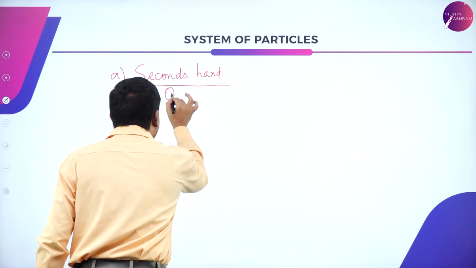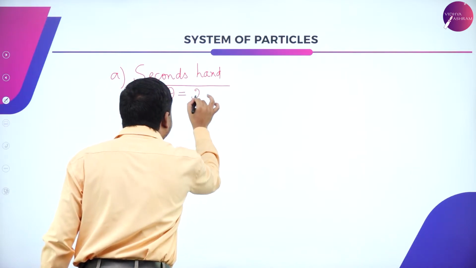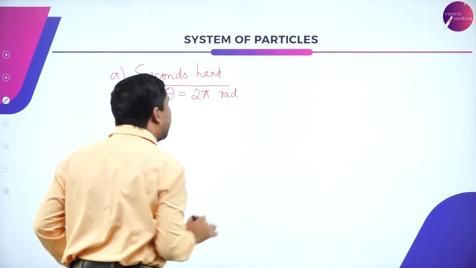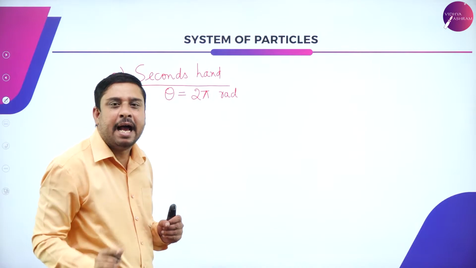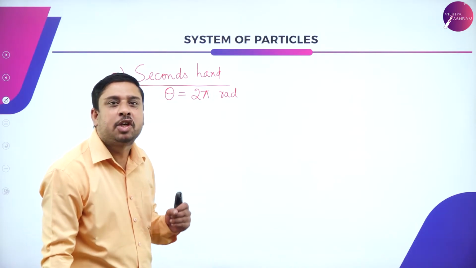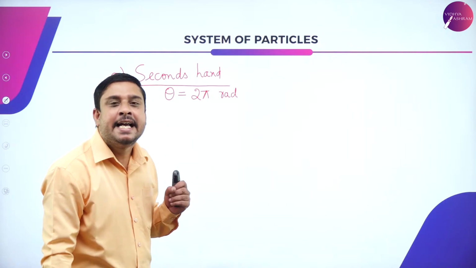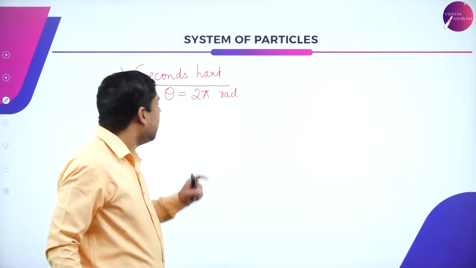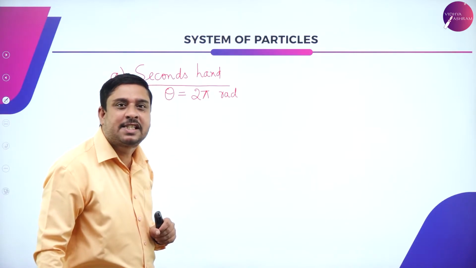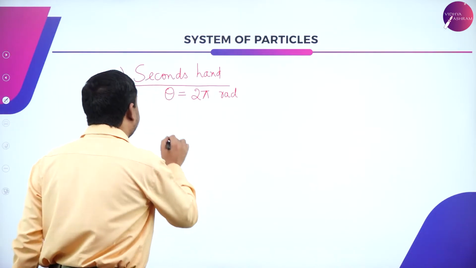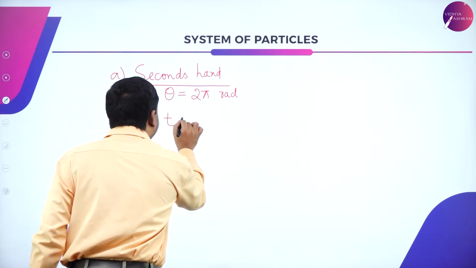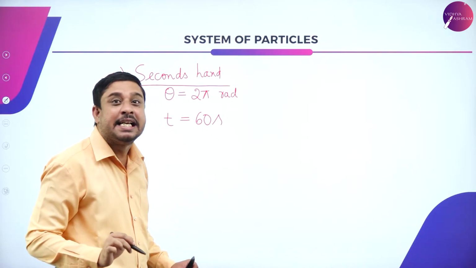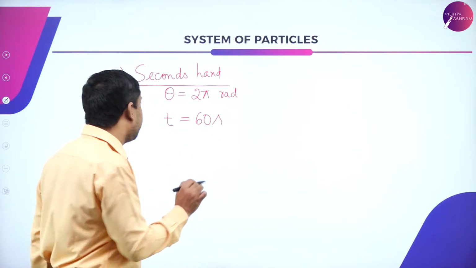First, angular displacement is 2 pi radians, and the time is 60 seconds because it is the seconds hand.